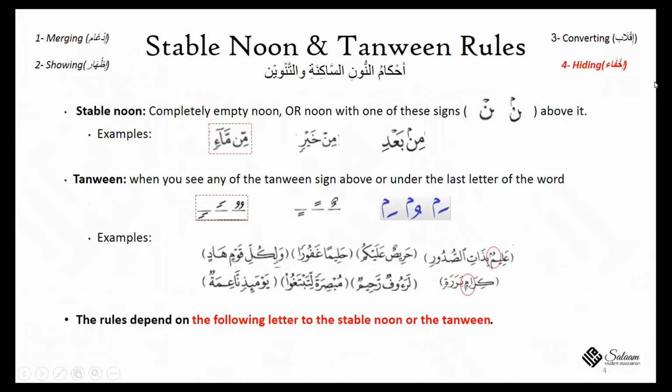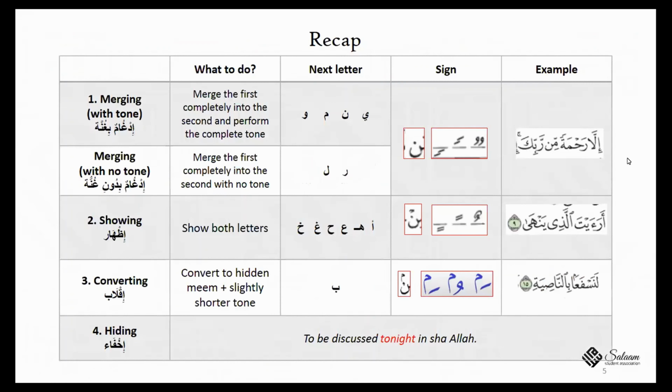So now we're going to discuss the fourth and the final way and rule to handle the stable noon and tanween. This is a recap for all the previous rules we had for the stable noon and tanween. So we said if we have yanmu, or one of these four letters after the stable noon and tanween, we will do idgham bi gunna. So rahmatan min, rahmatan min.